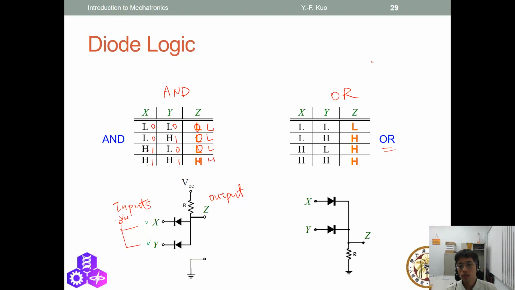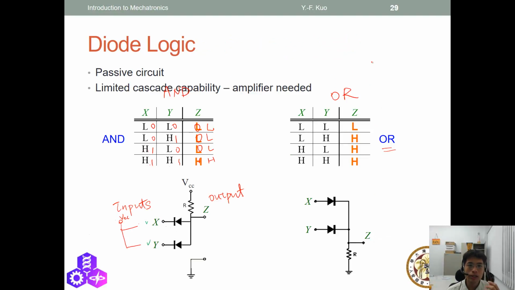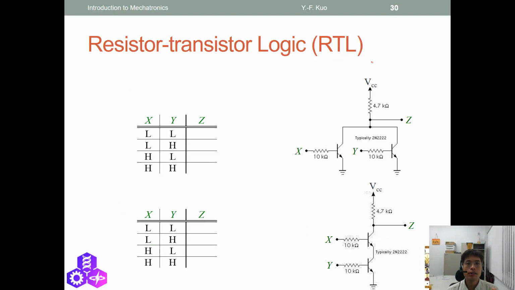Okay, so by using those diodes or transistors, you can actually manufacture some AND gate and OR gate. Okay, and those diode gates don't work very well. Okay, so basically that's the reason why we use the RTL, the resistor to transistor logic gates.